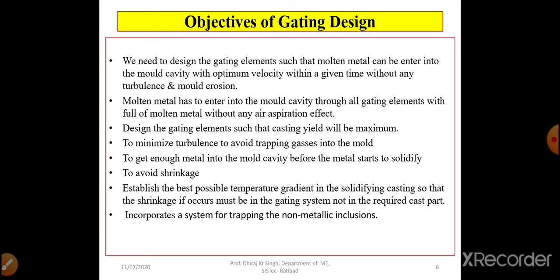First, we need to design the gating elements such that molten metal can enter the mold cavity with optimum velocity within a given time without any turbulence and mold erosion. Molten metal has to enter the mold cavity through all gating elements, full of molten metal, without any air aspiration effect.